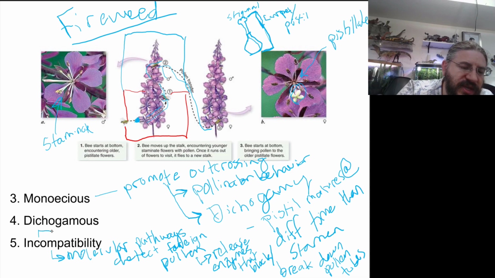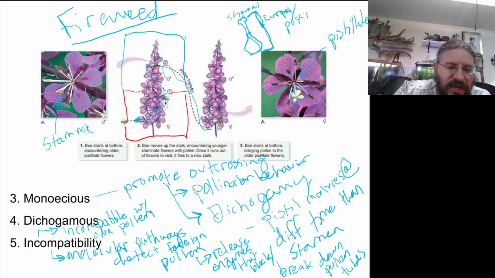So this is incompatibility with self. Incompatible with own pollen. Basically, the self triggers the pollen immune response. Your own pollen triggers this whole response.